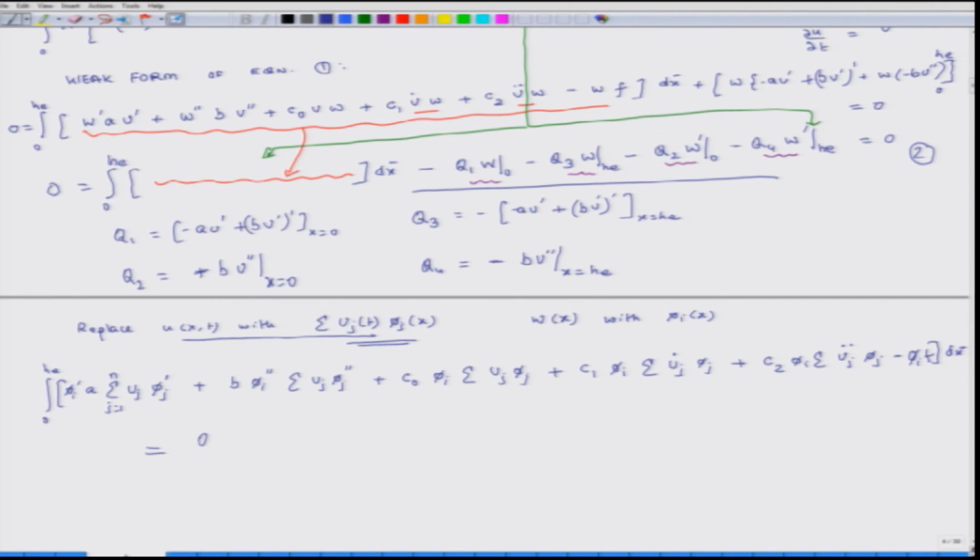So, I get q1 phi I evaluated at 0 plus q3 phi I evaluated at He plus q2 phi I prime evaluated at 0 plus q4 phi I prime evaluated at He.